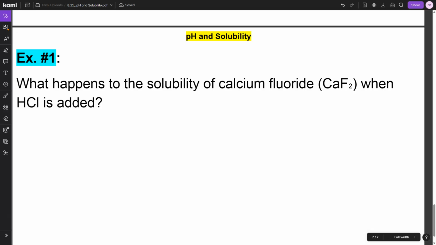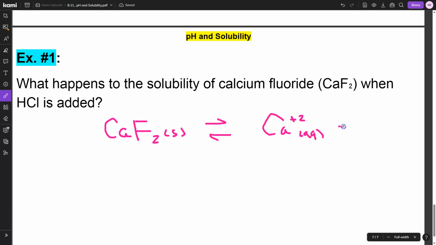Let's look at one last example here. In this last example, we have calcium and fluoride, and we're adding HCl. Our reaction is going to be calcium fluoride, CaF2 solid, dissolving into calcium 2+ aqueous and 2 fluoride ions aqueous.